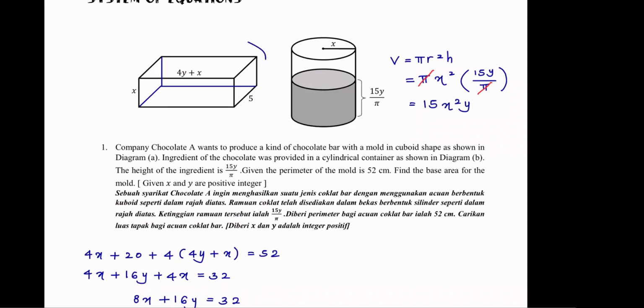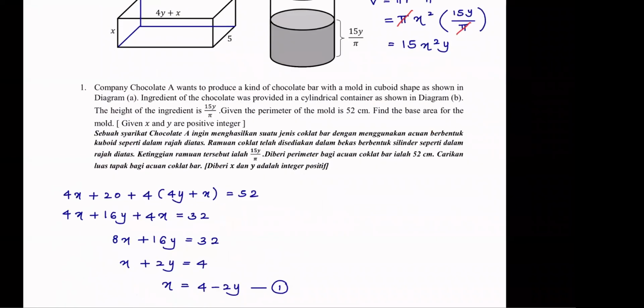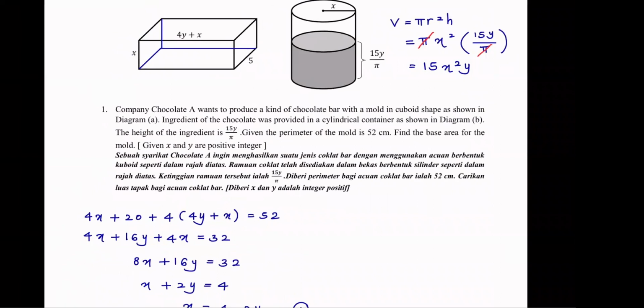This volume and the volume of this cuboid should be equal, right? Because you take this chocolate and pour into it, it will become the same. So this volume will be length, width, height. The volume of the cuboid is x times 5 times by this. So I just straight away write 5x. This volume of the cuboid must equal to the volume of the cylinder.